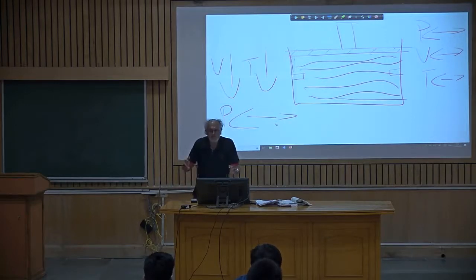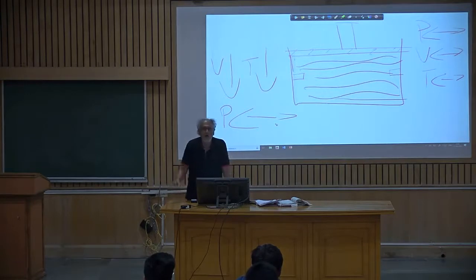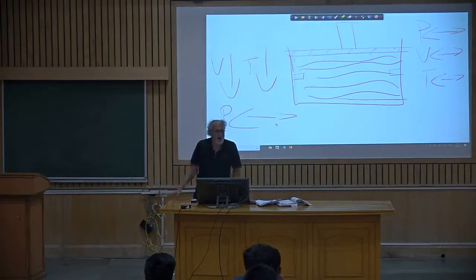And when they cannot take it further, they will impinge on the wall. And if there is a movable piston, they will try to push it. So it's not just pressure being exerted outward, it's pressure being exerted inward.